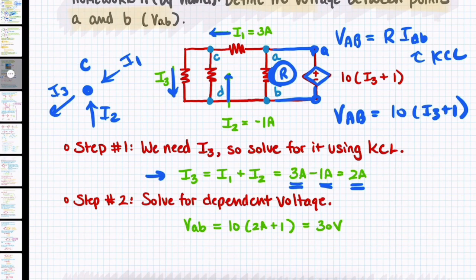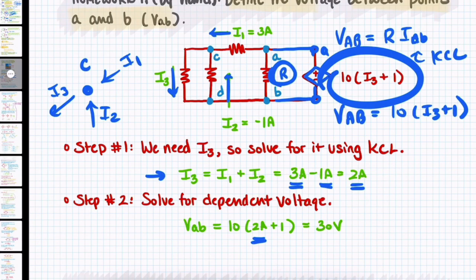Just like it would be somewhat logical to say, I am driving from Detroit to New York at a speed of negative 50 miles an hour, which I guess would imply you're actually traveling from New York to Detroit, the opposite direction. Okay, and so we plug in our 2 amps here, using that same equation up above, and we end up with a voltage of 30 volts.